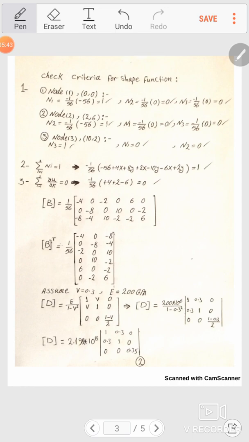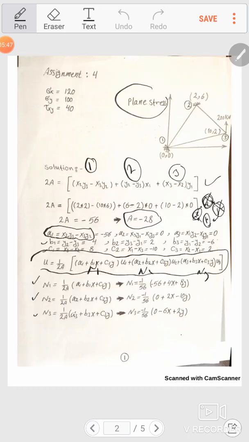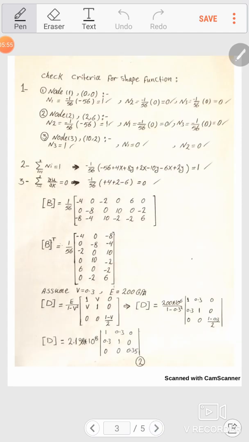Just take the node, like here for example node number 1, take this one node and substitute the values of x and y of node number 1. So for node number 1 here we have 0 and 0 because it lies on the origin point, 0 by 0. So just substitute and you will get 1. So that's correct.